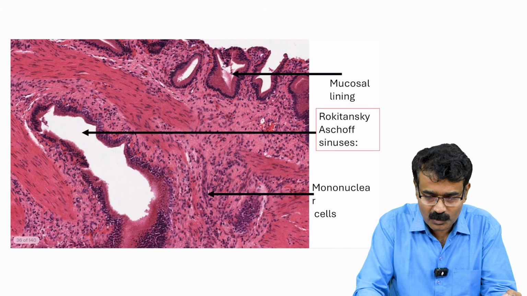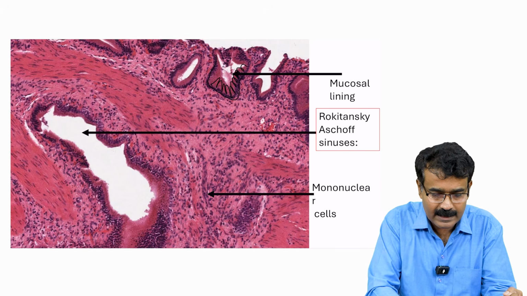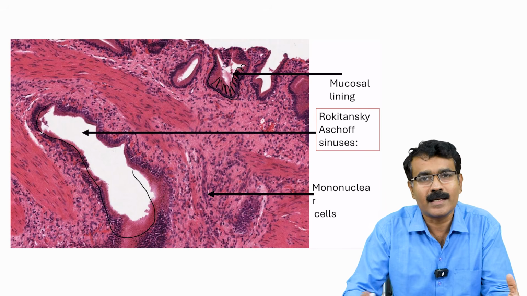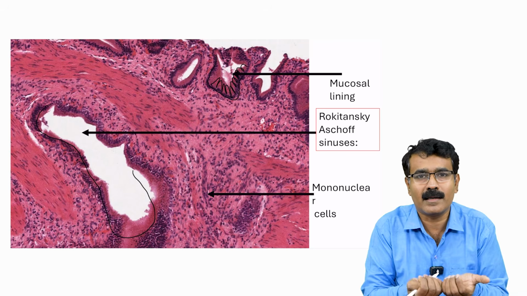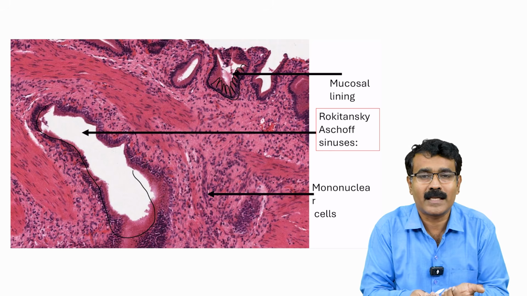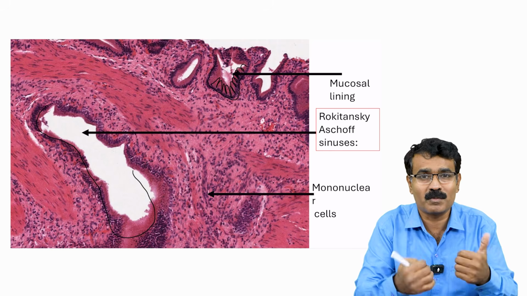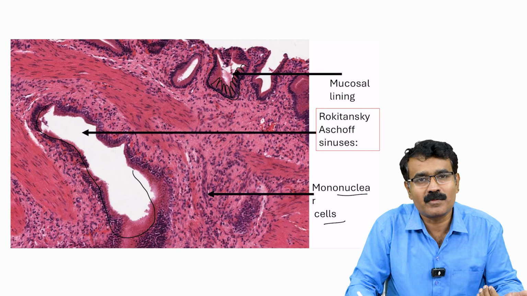Can you make out the mucosal epithelium, which is columnar, okay, mucin secreting columnar epithelium, and these are the Rokitansky-Aschoff sinuses. Basically, they are the outpouchings of the gallbladder mucosa into the muscularis, inward extension of the mucosa into the muscularis. These are the mononuclear cells in the layers of the gallbladder.